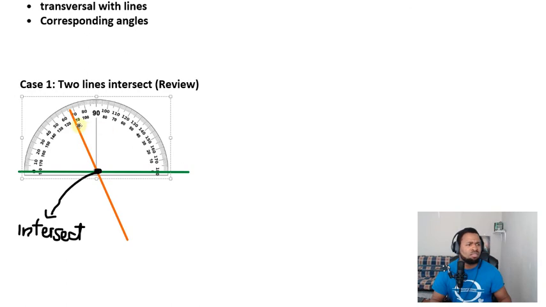What we notice is that this particular space, from the green line all the way to the orange line, is around 114.